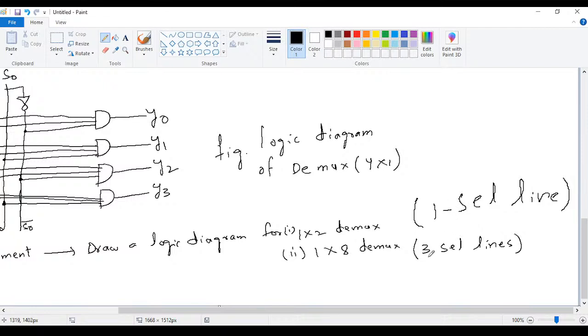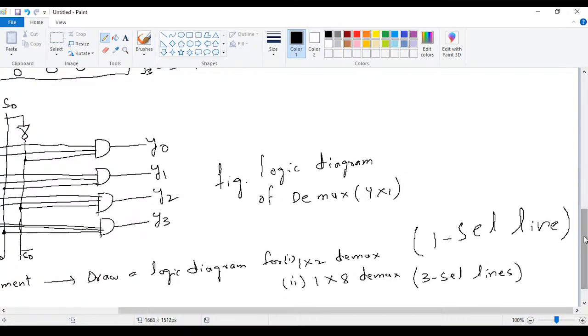One selection line and 3 selection lines. So this is the topic of the demultiplexer.